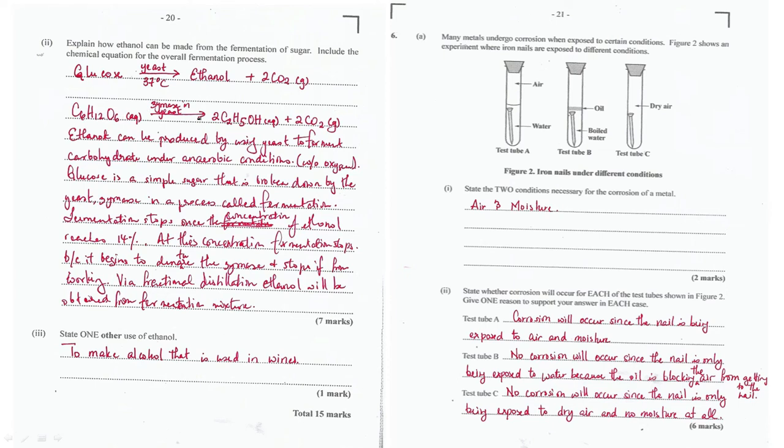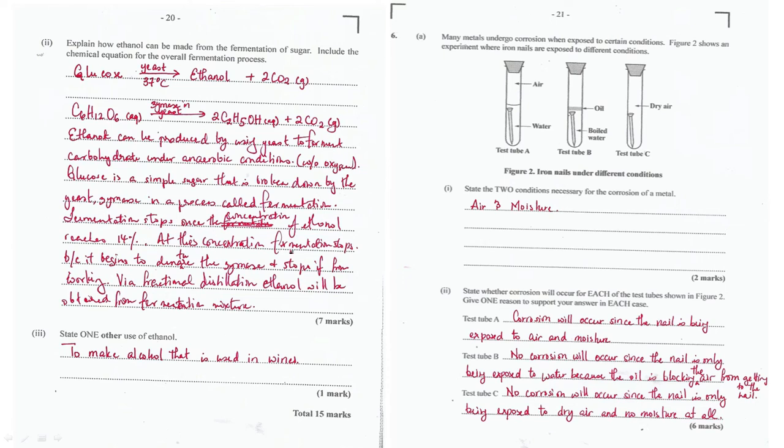Yes, everything is balanced. And it says ethanol can be produced by using yeast to ferment carbohydrates under anaerobic conditions, which means without oxygen. Glucose is a simple sugar that is broken down by the yeast enzyme zymase in a process called fermentation. Fermentation stops once the concentration of ethanol reaches 14%.